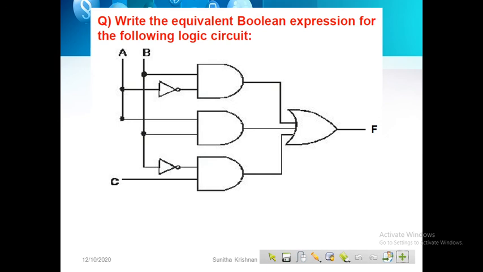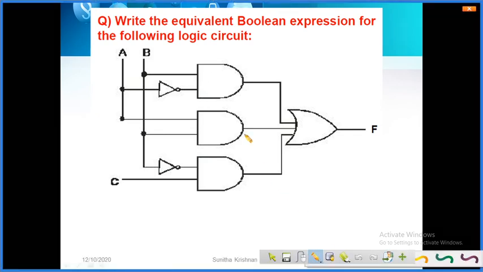Now how to write an equivalent Boolean expression from the following circuit. You can see that 3 inputs are there, and see the gates. First you go for the first gate. Here you have the second, third, fourth, 5th and 6th. So just go one by one. You can see what the input here will be.